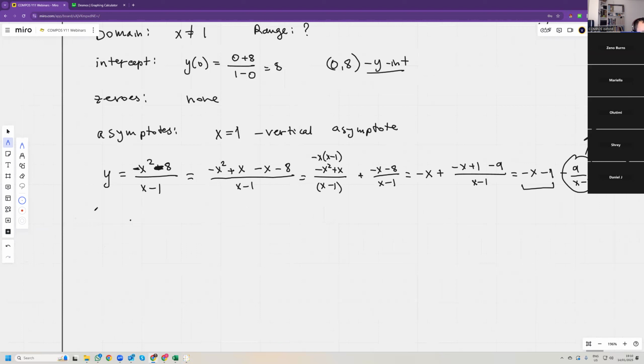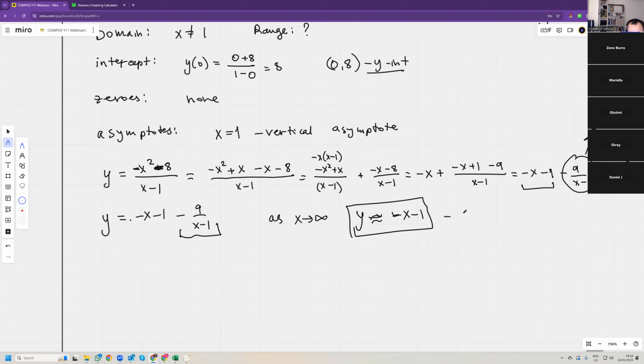So once again, y can be written as minus x minus 1 minus 9 over x minus 1. So as x tends to infinity, y is approximately minus x minus 1, because this thing becomes really small. So we kind of ignore it because it goes to 0. So this is what we call a slant asymptote.